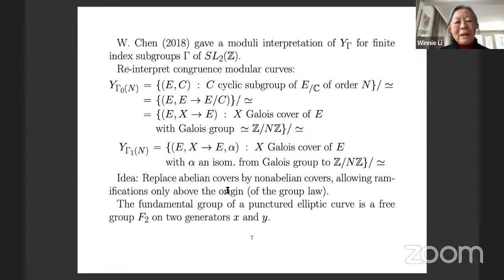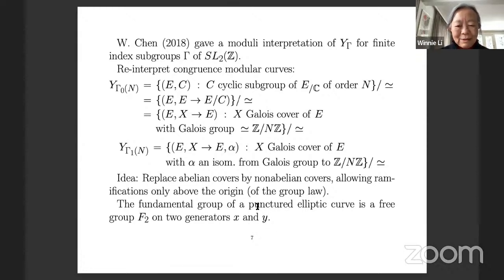Okay. So when we look at the punctured elliptic curve, namely if we remove the origin from the elliptic curve, and look at the fundamental group, then this group is a free group generated by two elements, X and Y. Okay, so we need to put that point back to get the relation of a commutator equals 1.